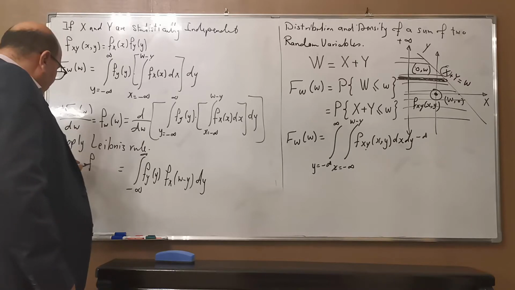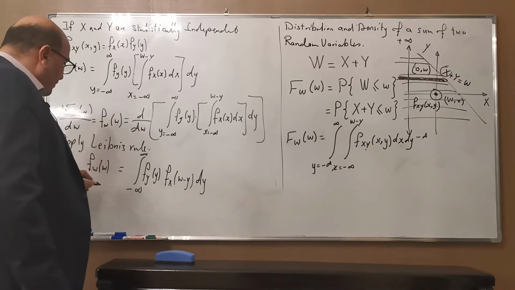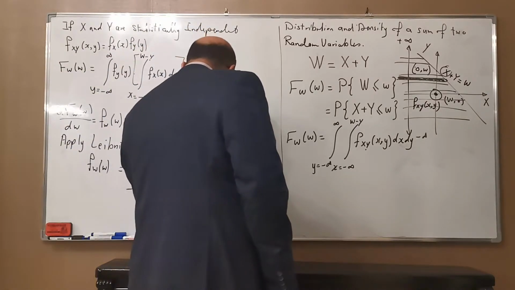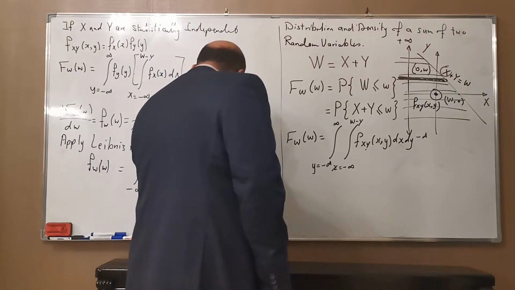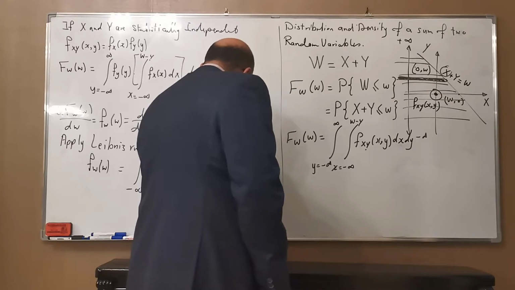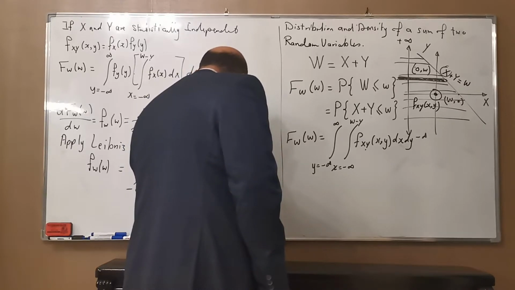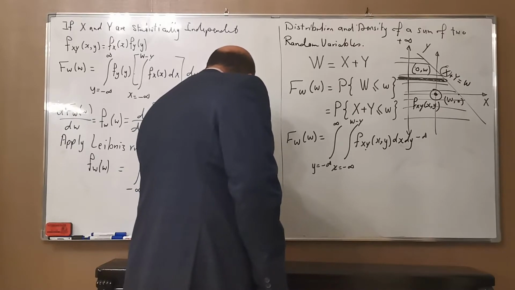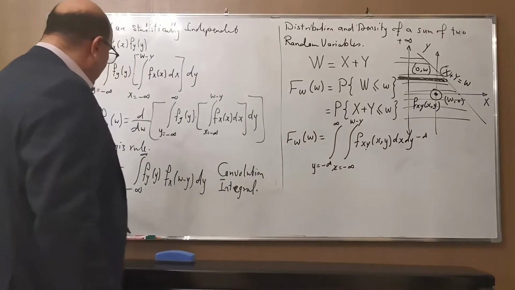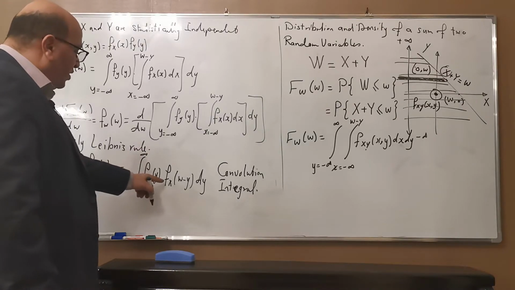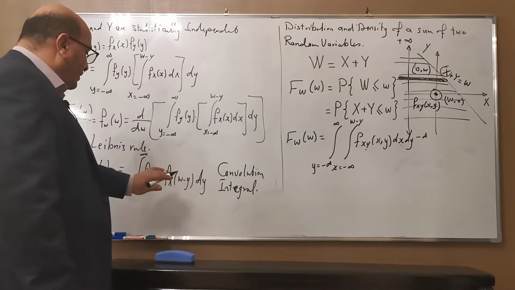Okay, so this is what we have. This is fw of w, and if you look at this, this is what we call the convolution integral. So fw of w is the integral of fy of y times fx of w minus y.